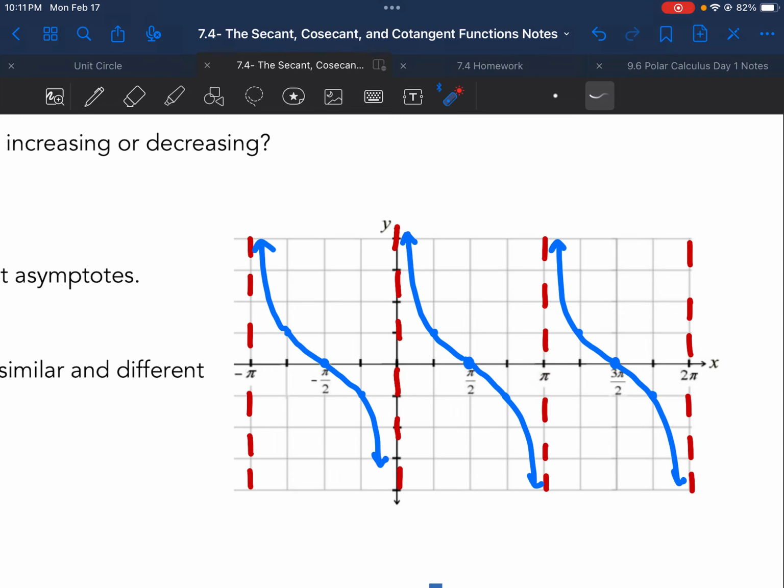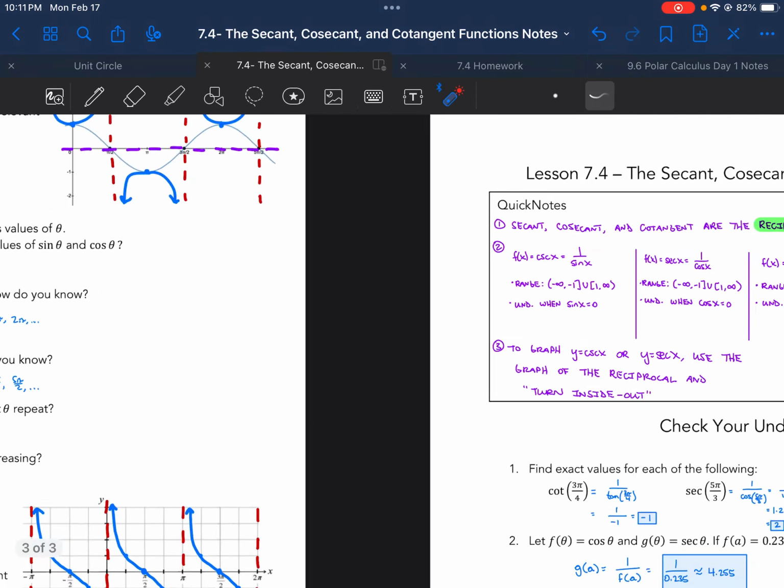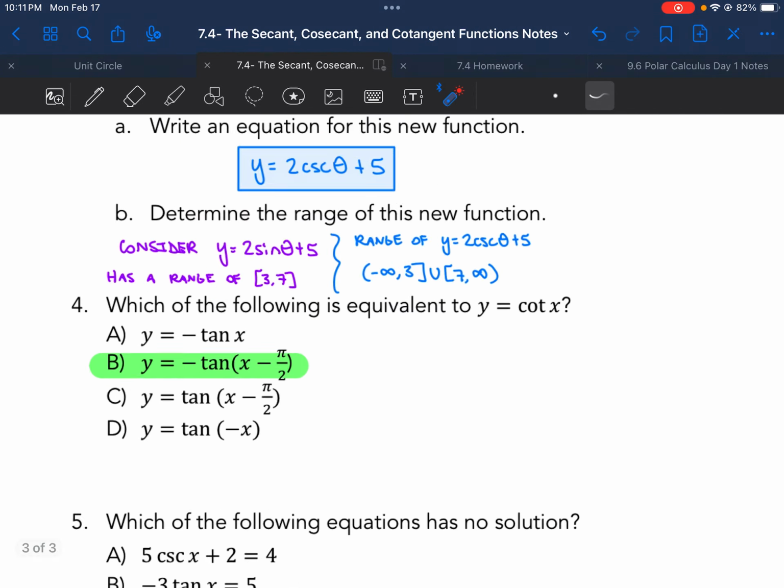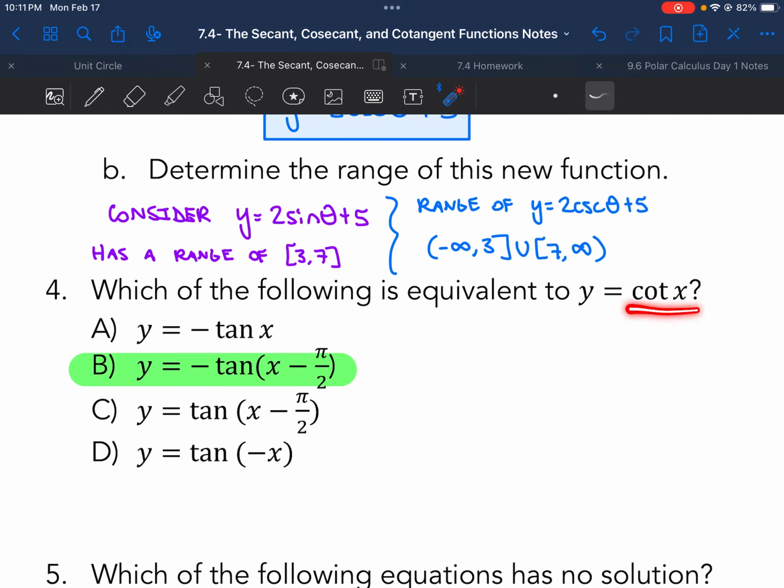For tangent's parent function, remember the asymptotes were at pi over 2, 3 pi over 2, negative pi over 2. So that means that the vertical asymptotes are offset by pi over 2. Okay? So that's what this is saying right here.